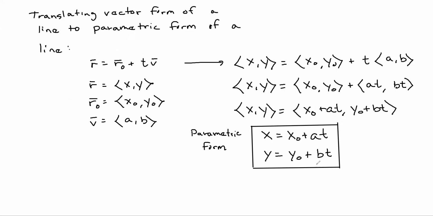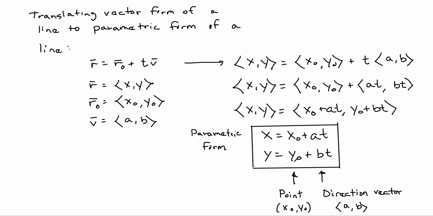The way it works is that if you want to define the equation of a line, and you have a point that the line passes through, and you have a direction that the line heads in, a direction vector, then you put the point here and the direction vector here, and you'll end up with the parametric form of the line.